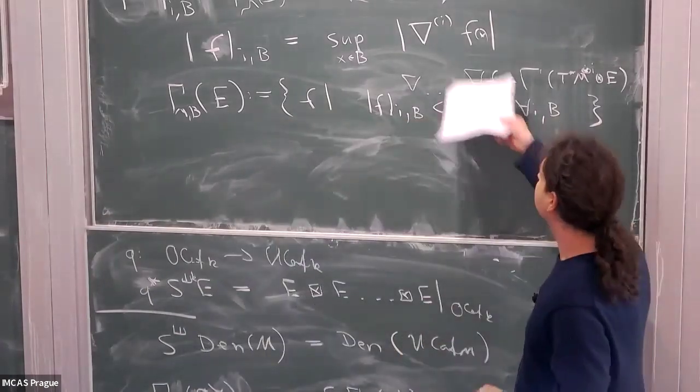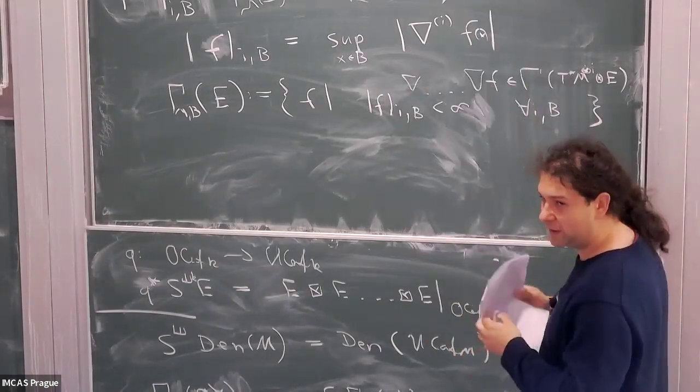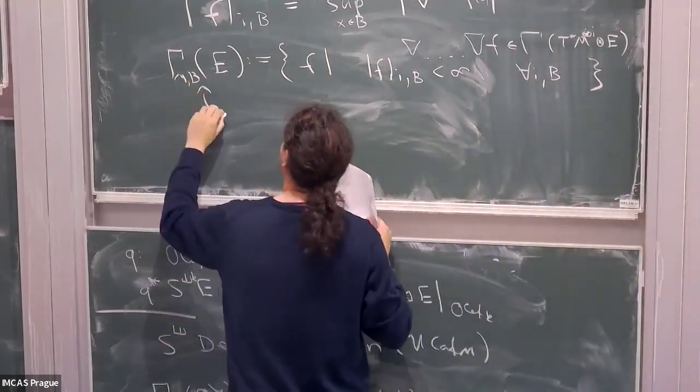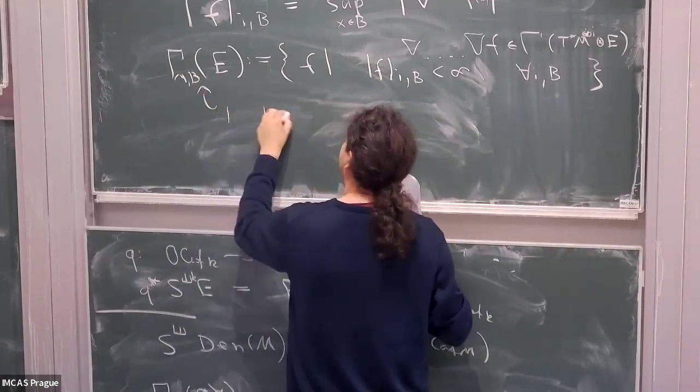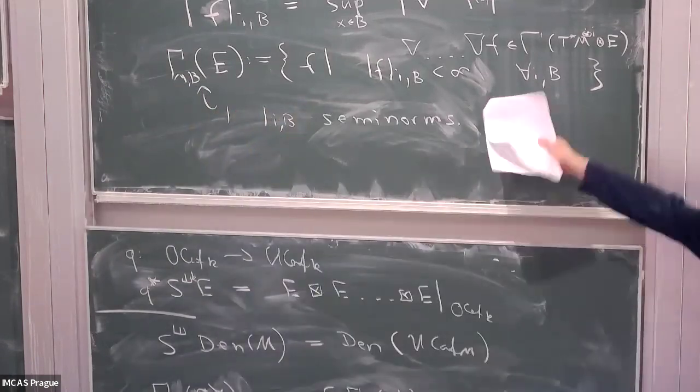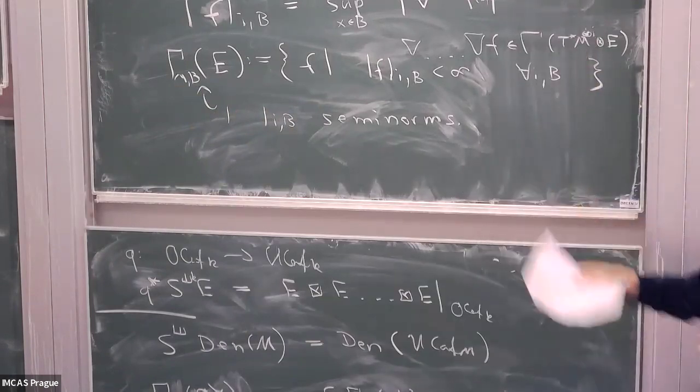On this space now they are really seminorms, the value infinity is not attained. So the p_{i,B} are seminorms, and one can carry out a calculation which shows that this space is actually a Fréchet space.